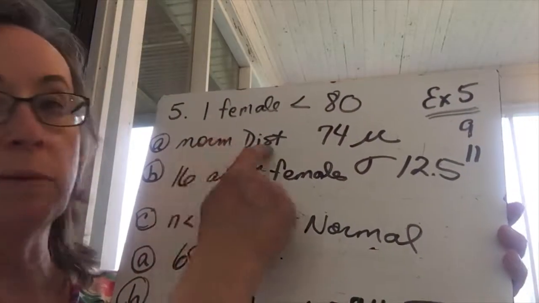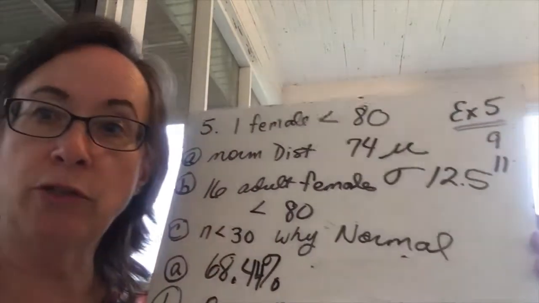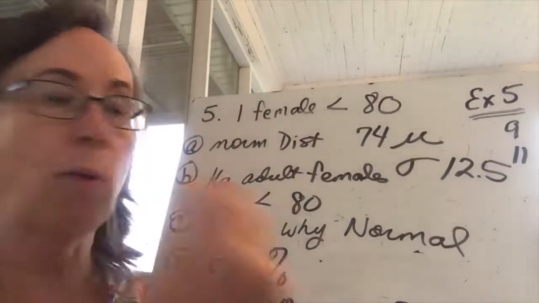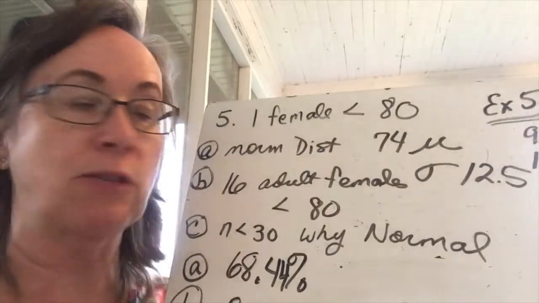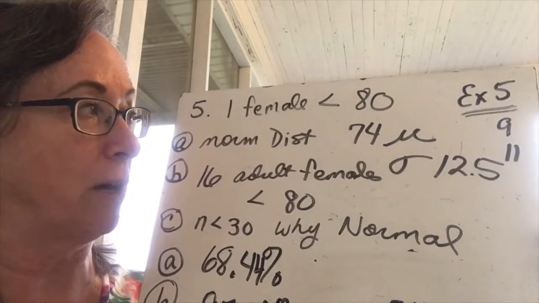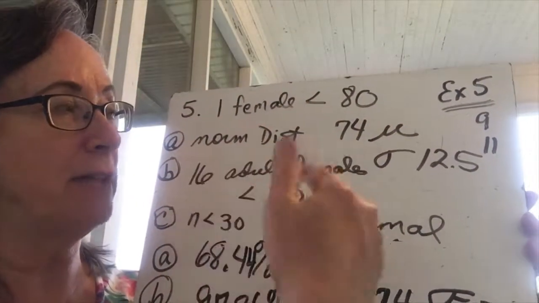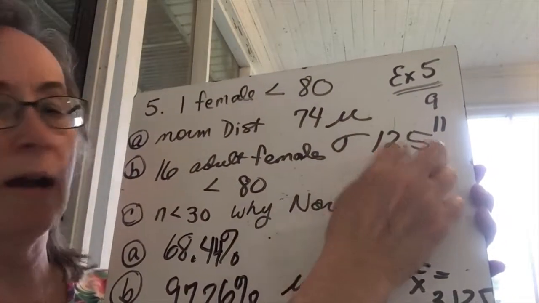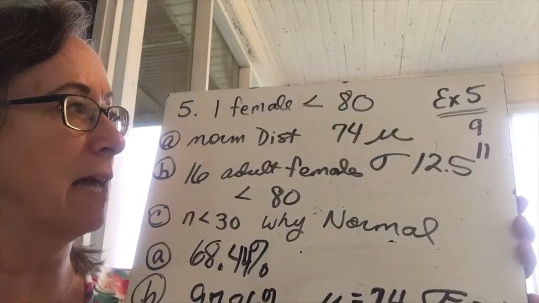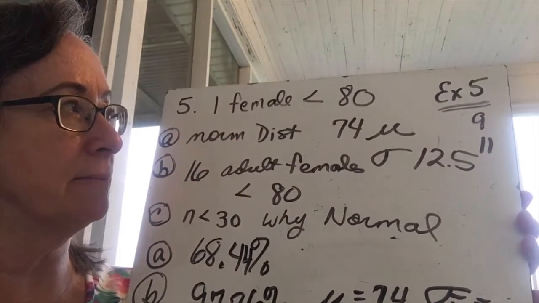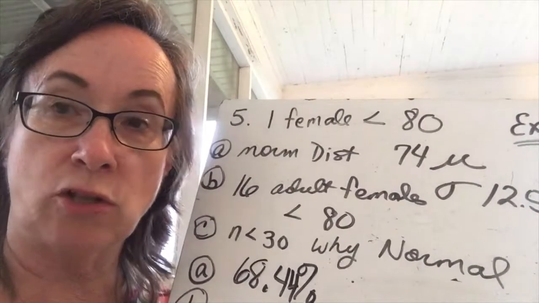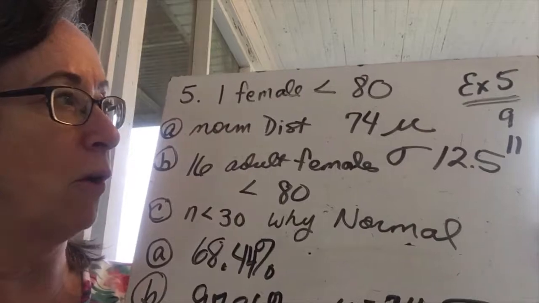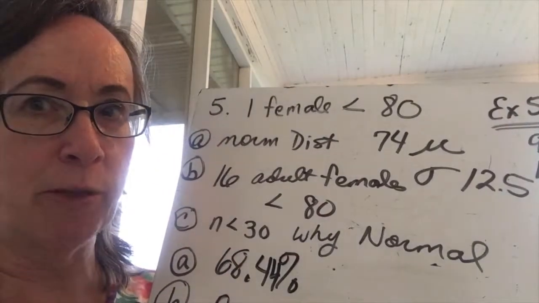I did a normal distribution, and remember, when you're doing the normal distribution, you start at negative 10,000, and then you go all the way up to the 80, which is the X value we're testing for, and then you're going to put negative 10,000, 80, 74, 12.5, okay? Because the original population was told to us as normally distributed, so we're going to be able to get it straight away from the normal distribution.